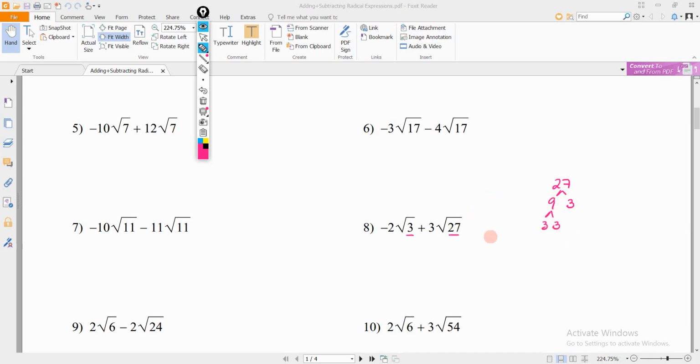So when I'm writing this 3 radical 27, this radical 27 can be written, there's a group of 3s, so it comes out in front. That 3 doesn't have a partner, so this radical right there can change to 3 radical 3. So I'm going to change this object right there to 3 radical 3. There's already this 3 out in front.